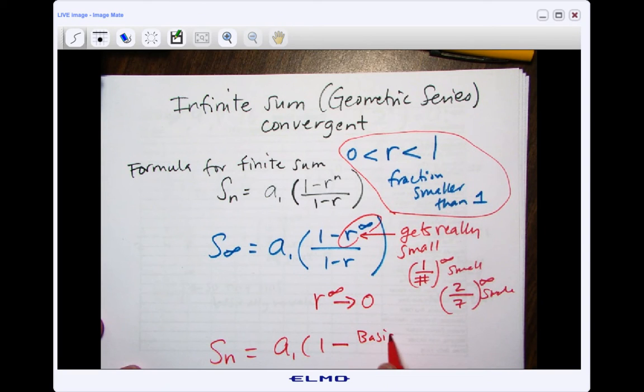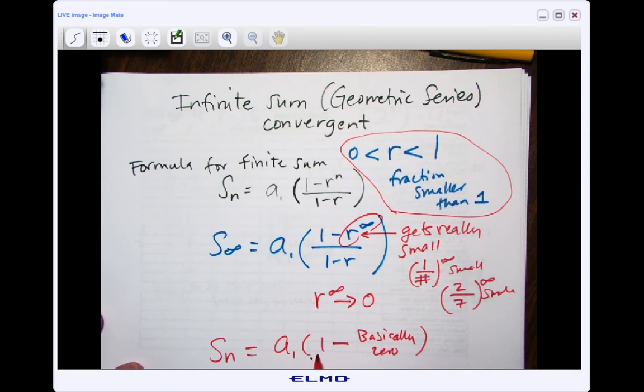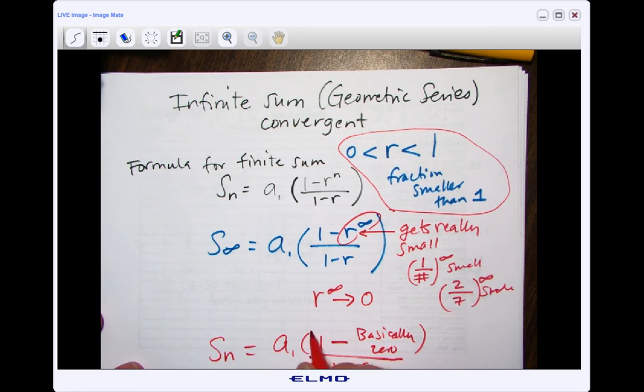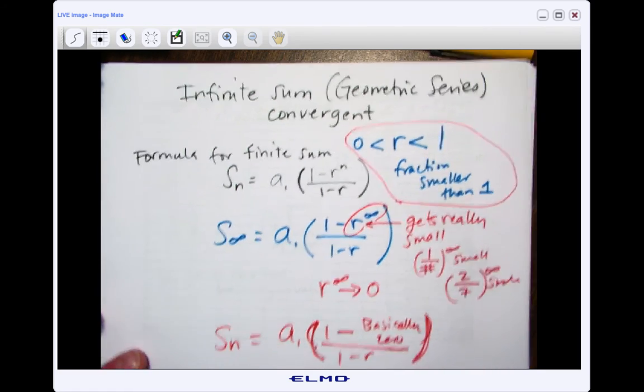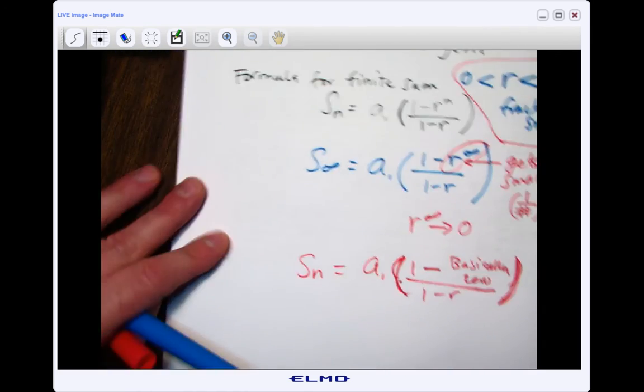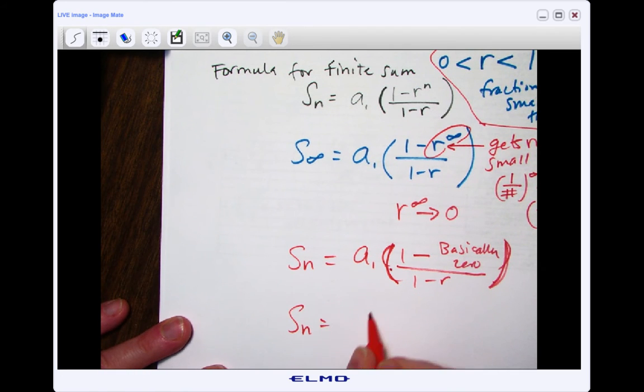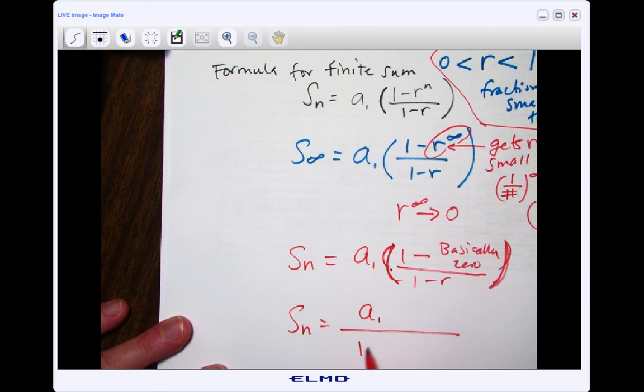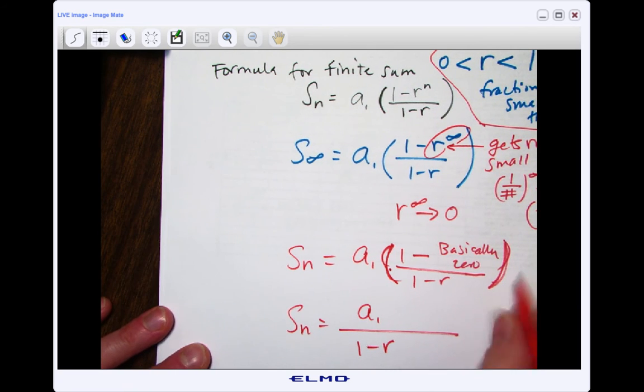Basically 0 over 1 minus r. So if we have a number that's basically 0, then really what we're going to say is this. This is just a 1 on top. 1 minus 0 is going to be 1. And so this is going to be our infinite sum.